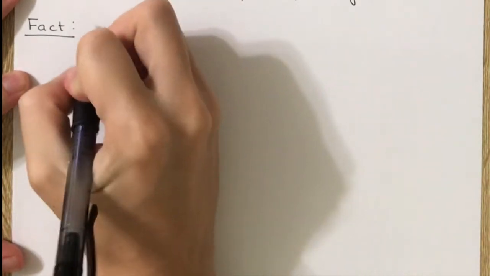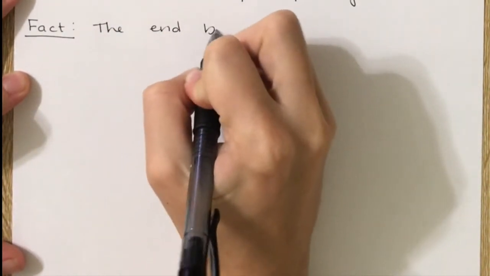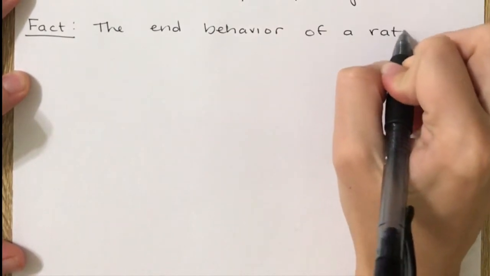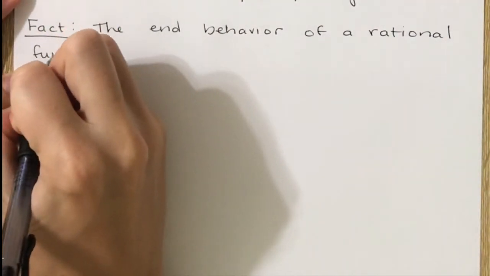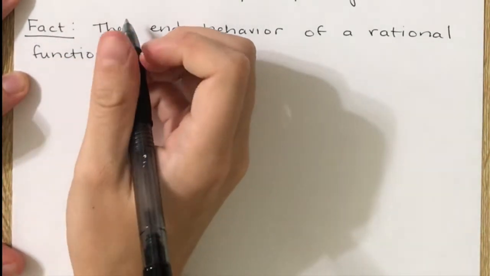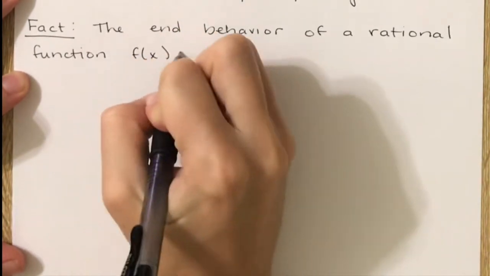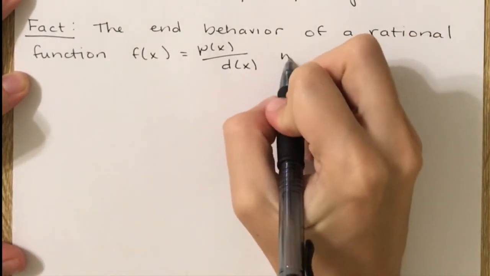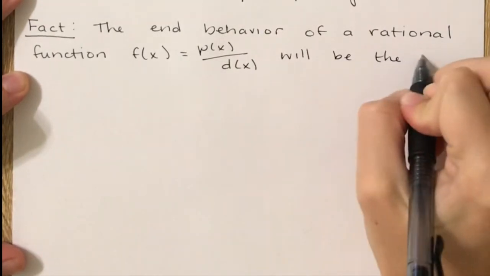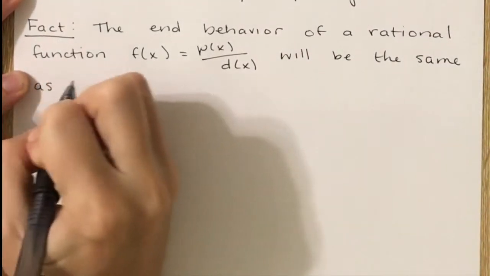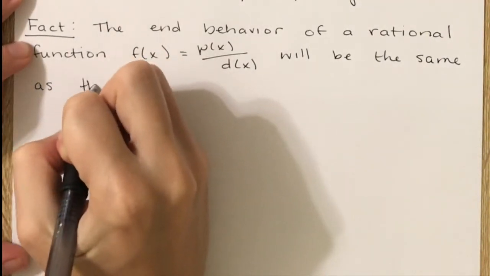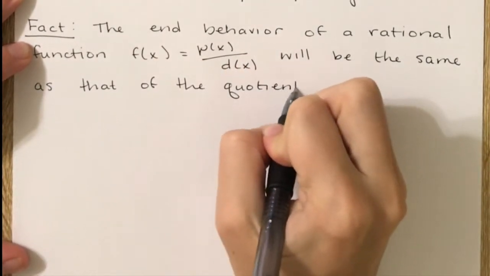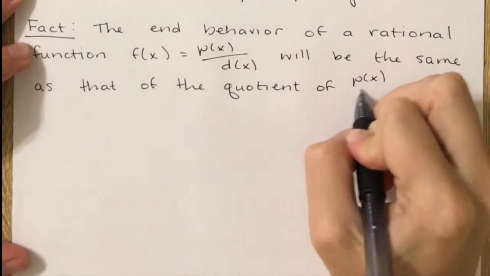The end behavior of a rational function f of x equals p of x over d of x will be the same as that of the quotient of p of x over d of x.